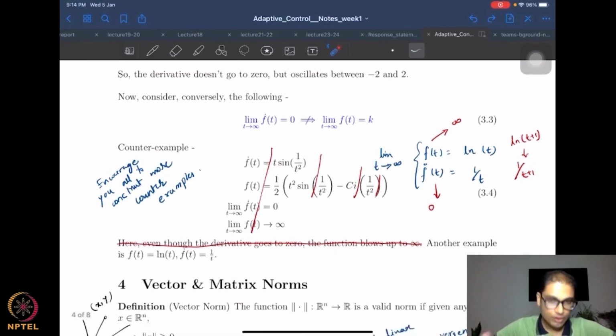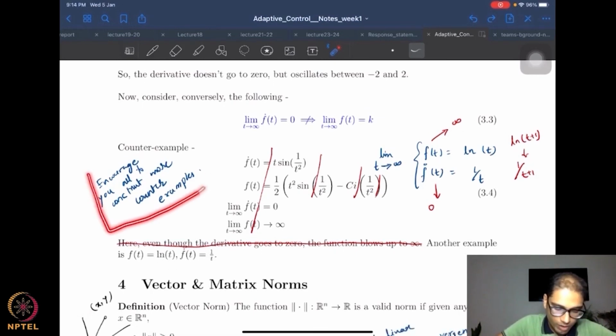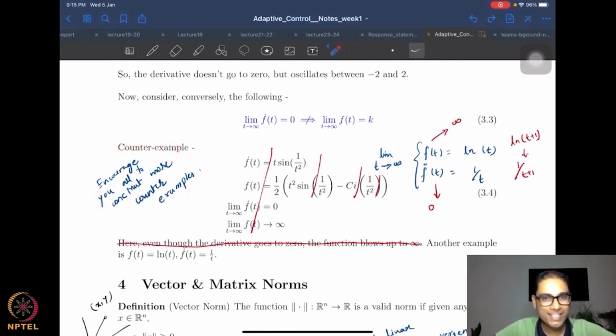I strongly encourage all of you to come up with more counterexamples. I know you can, so give it a shot. Just take hints from what I have done. The more counterexamples you come up with, the more you will convince yourself, and you will also develop the habit of coming up with them. In applied mathematics and mathematics, coming up with counterexamples is one of the most challenging things.